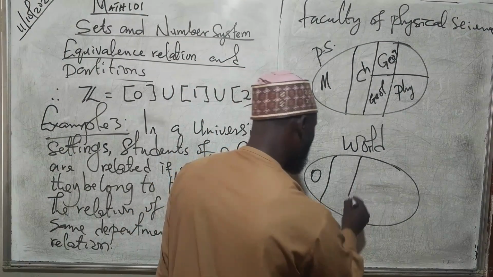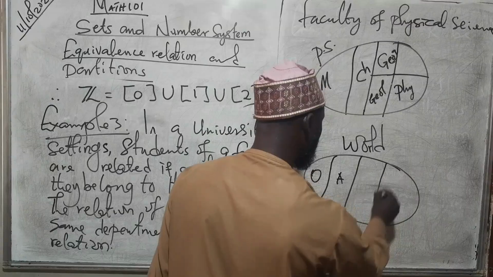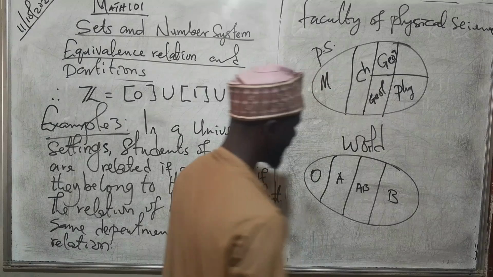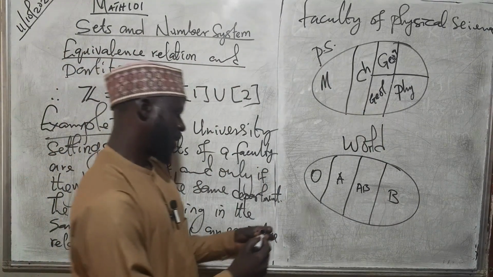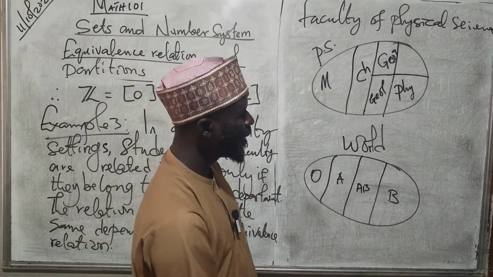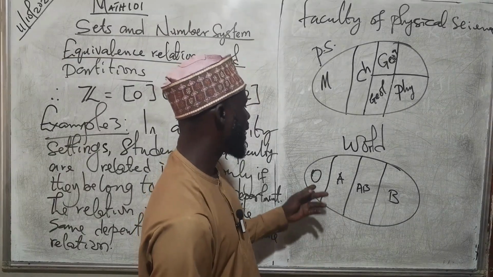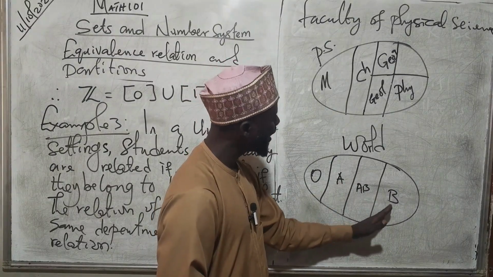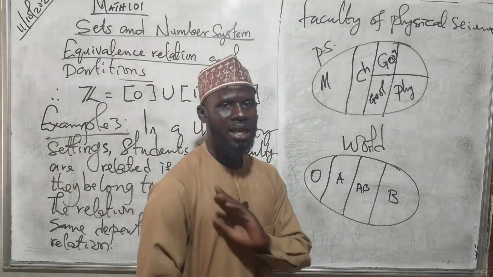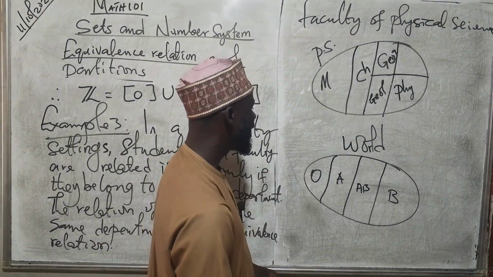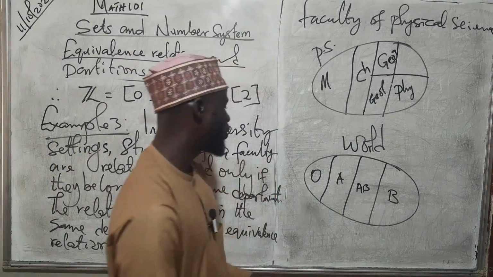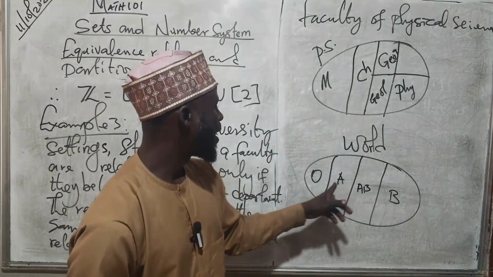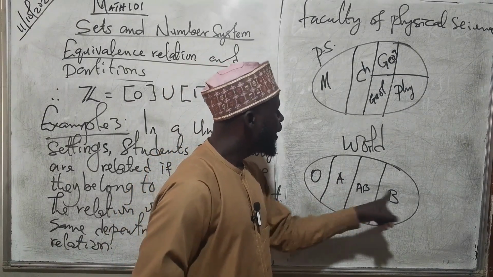And another partition will be A, another partition will be AB, and another partition will be B. So now this relation of being in the same blood group has partitioned the whole world into equivalence classes, where every individual belongs to one class, no two. So you see that there is no intersection. There is no individual with blood group O and at the same time with blood group A. No, you have either O, A, AB, or B.